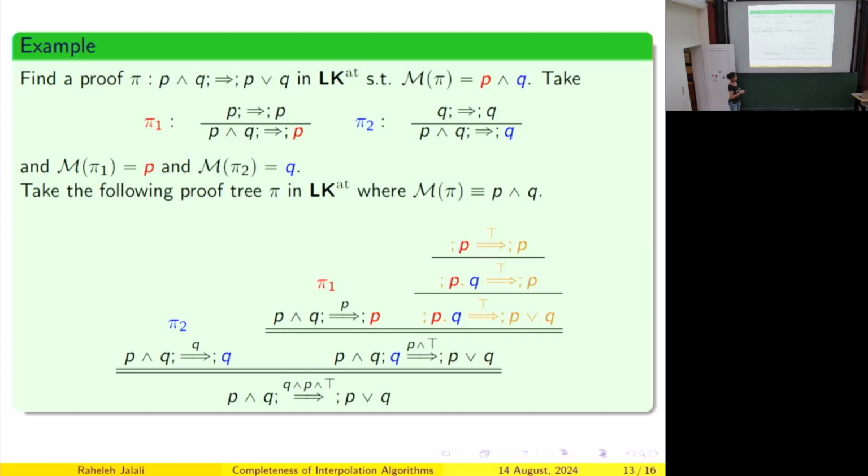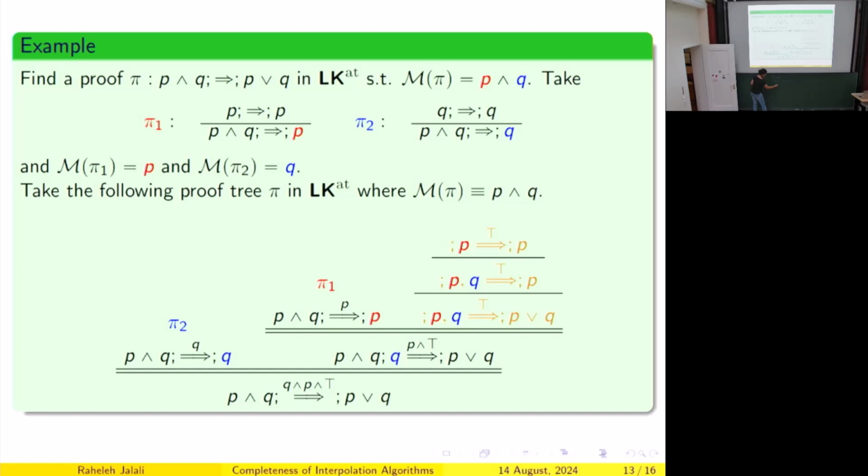I want to say that for any formula A implies B, and for any interpolant C, I can find a proof such that the interpolation outputs this C. First, I change this C to a conjunctive normal form, so it's a conjunction of disjunctions of formulas.